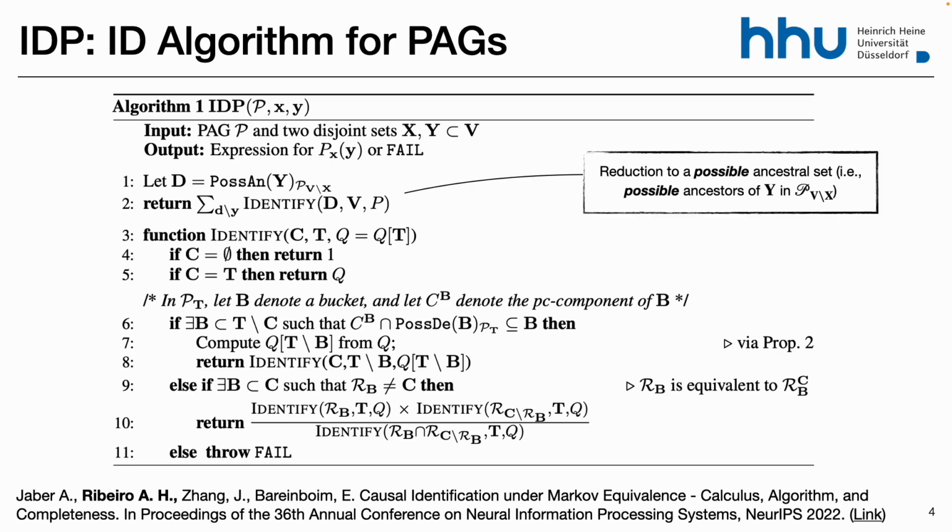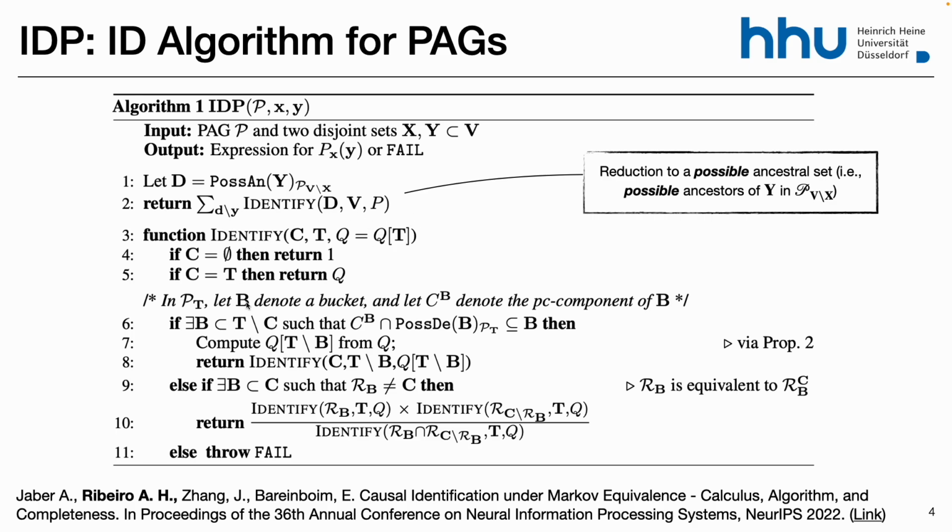The first part is equivalent to the ID algorithm, but uses these possible ancestors instead of just the ancestors of Y. So it uses the idea of reducing the set to an ancestral set first. It's like a pre-processing. And then you call the identify function.